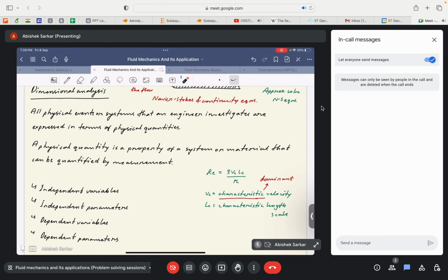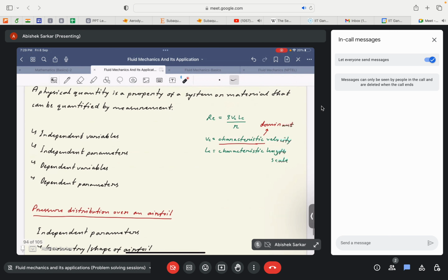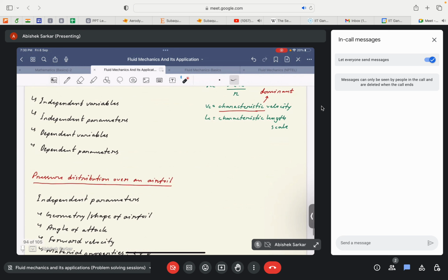Say if it is velocity, then it will be meter per second. If it is mass, then it will be kg. If it is force, then it will be Newton. If it is pressure, it is Pascal. So these are the various units. It's very fundamental, so let's not dive deep.